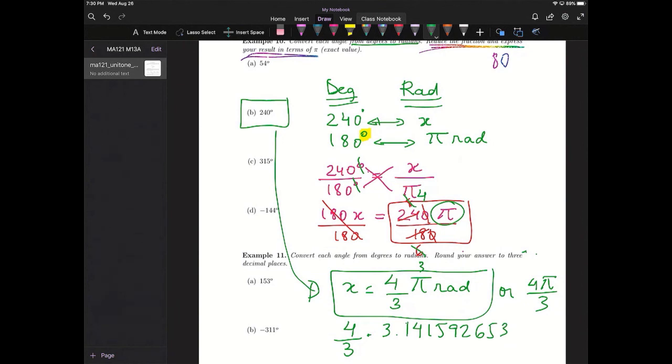Notice it's a lot. So I'm using the whole thing. Because I'm doing this in the calculator, you don't have to write this down. Why? Because I want you to be as precise with your answer as possible. So if you only use 3.14, you're going to lose a lot of precision.